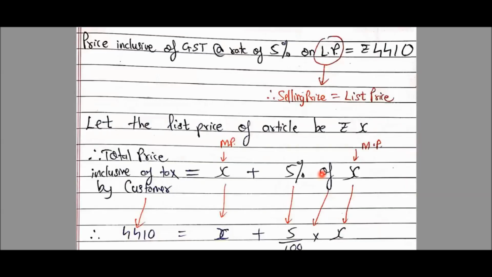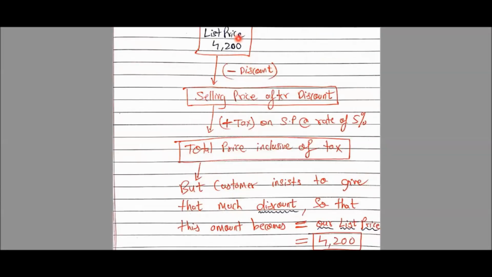Let's see the solution. So from the list price, first we minus discount, then we get discounted price, which we also call selling price. Then in that price we add a tax at the rate of 5%, and then after adding we get total price inclusive of tax.